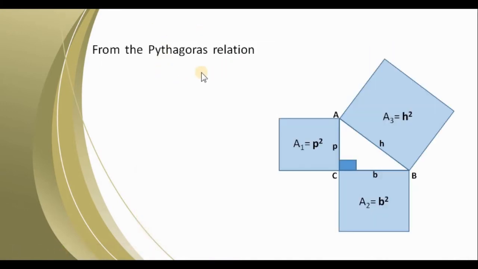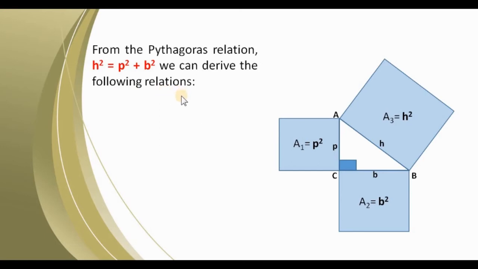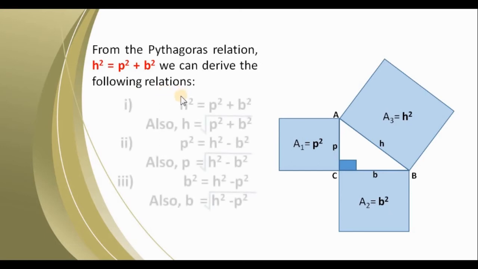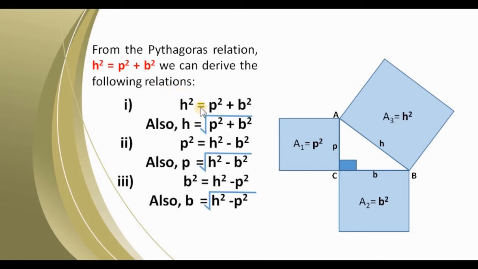From the Pythagoras relation H square equal to P square plus B square, we can derive the following relations. As H square equal to P square plus B square, we can also write H equal to the square root of P square plus B square. Here the square is removed, so we have to give a square root on the other side. And P square equal to H square minus B square.